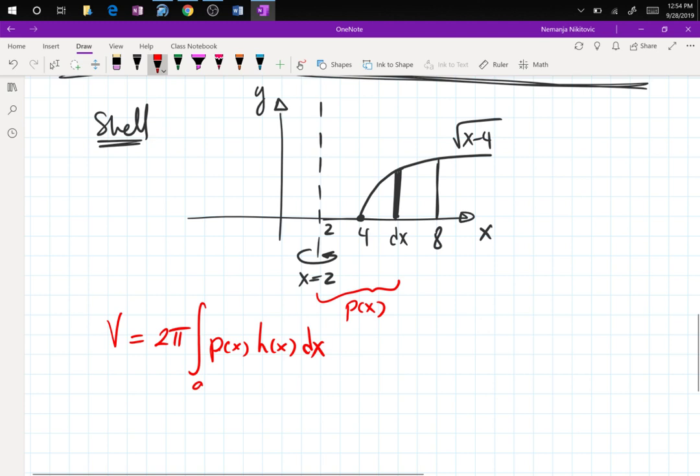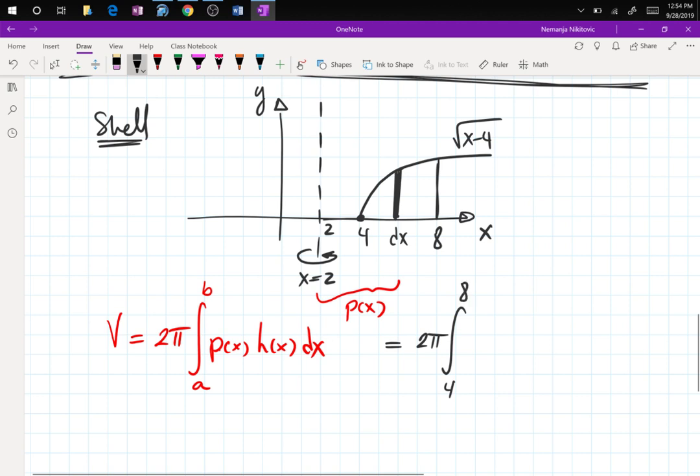And the reason why I used p of x is because if the axis is shifted like this, then you have extra 2 units that, if you used just x as it was listed in the book, you would have an issue: you are going to have an extra 2 units that you don't need. So to set this one up, it will be 2 pi integral, and you want to go from 4 to 8.